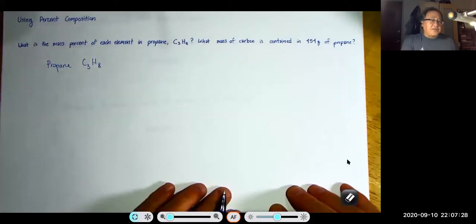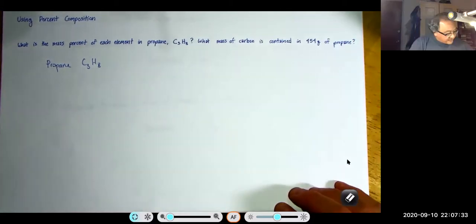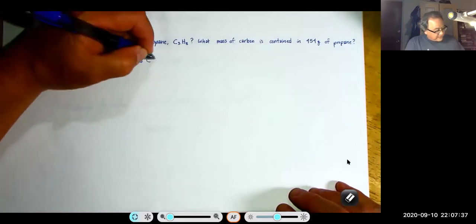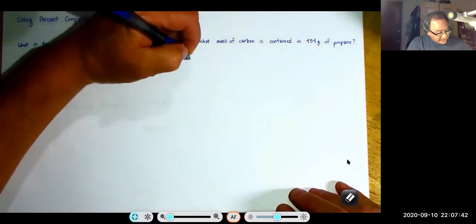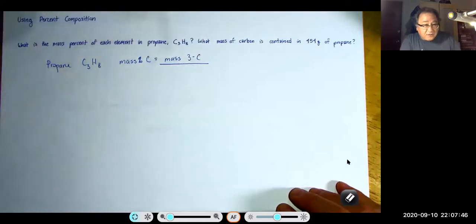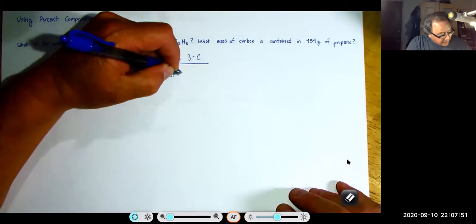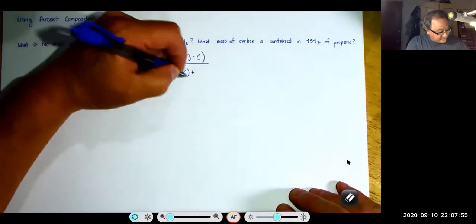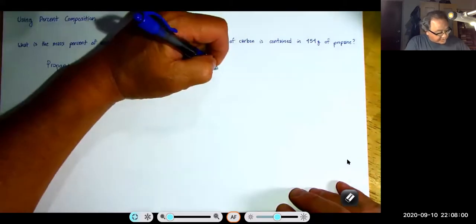And I'm going to go ahead and use atomic weights here. So to get the mass percent carbon, that's going to be the mass of 3 carbons, that's the part, divided by the mass of 3 carbons plus the mass of 8 hydrogens.